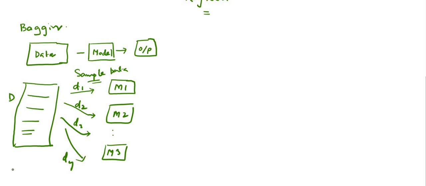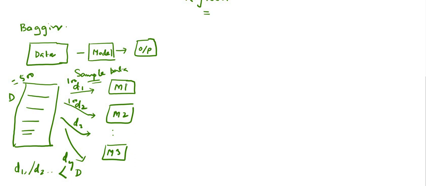Always remember that d1 or d2 are always less than d. So for example, if d is 500, probably I'm sending 100 here, 100 here, something like this.